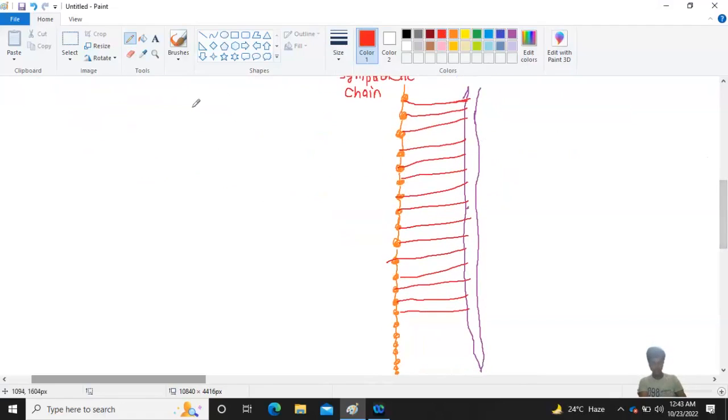Let's say this is the aorta. We draw the straight aorta.